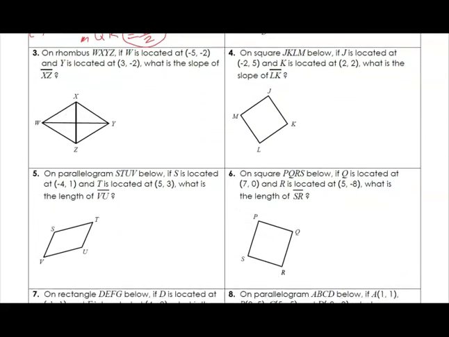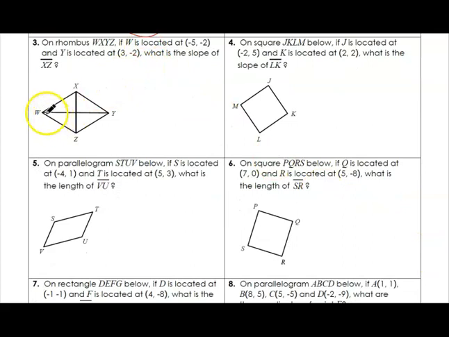Okay, on this rhombus, W is at -5, -2, and Y is at 3, -2. What is the slope of XZ?